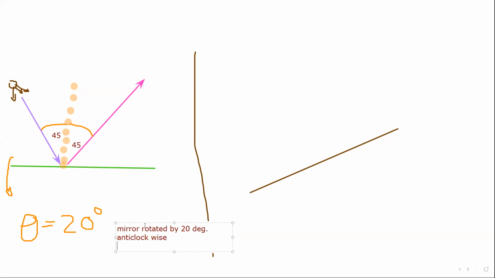What will happen? Firstly, the new position of the mirror. Okay, and let's draw the incident light ray and the reflected light ray after the rotation of the mirror. The light source will be constant.